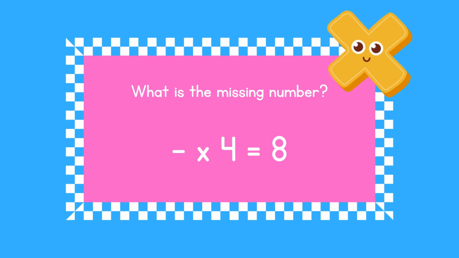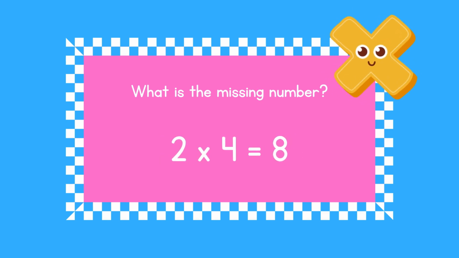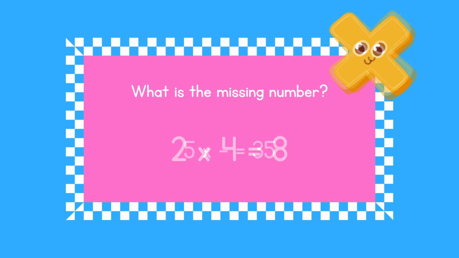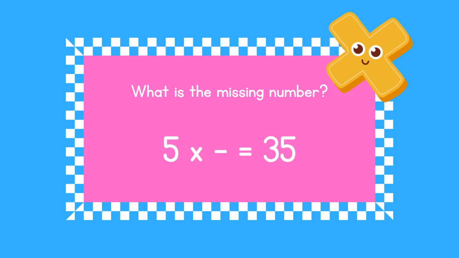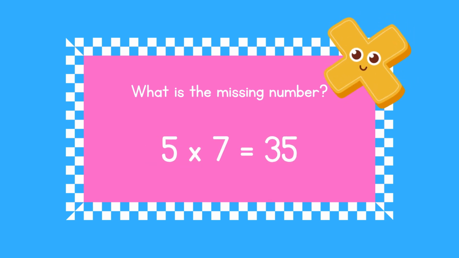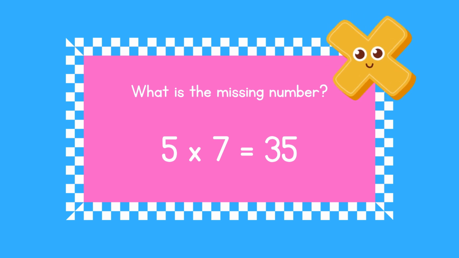Find the missing number. Two multiplied by 4 is 8. Find the missing number. Five multiplied by 7 is 35.